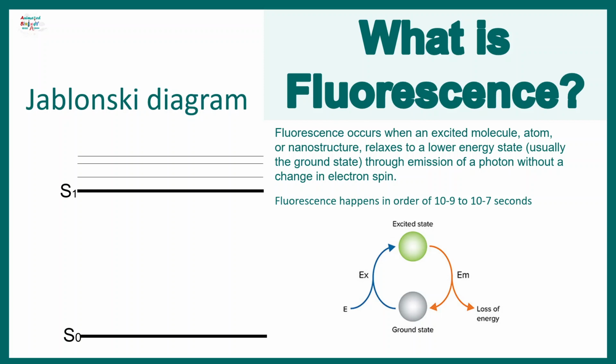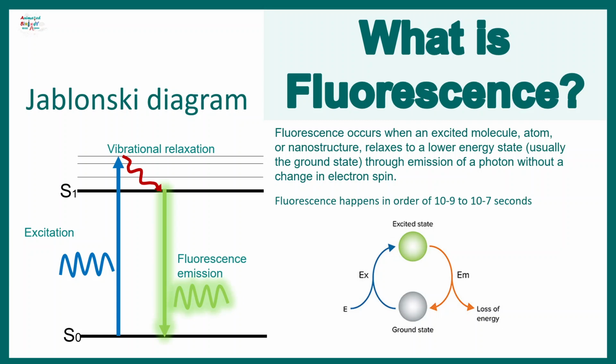In order to understand fluorescence in a better fashion, we can use a Jablonski diagram. In the Jablonski diagram, we can see the ground state is S0. Here our excitation light, in a blue wavelength let's say, excites a fluorescent molecule. It jumps into an excited state and then relaxes and comes back to the ground state again. In this process, it emits fluorescent light.